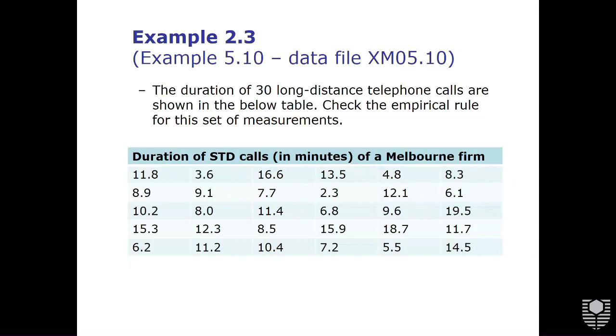And here we have an example from chapter 5, XM510. They provide us with the duration of 30 long distance telephone calls, shown in the table. Shall we open the Excel sheet? Because it's very important to show you how to activate the data analysis.